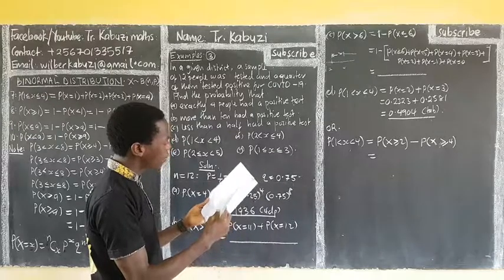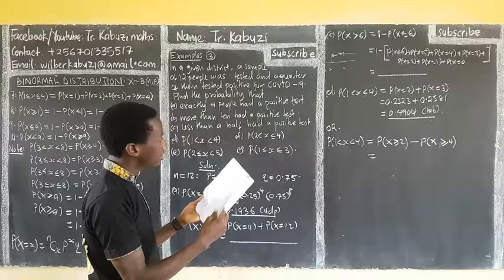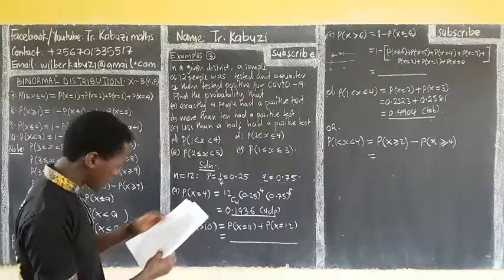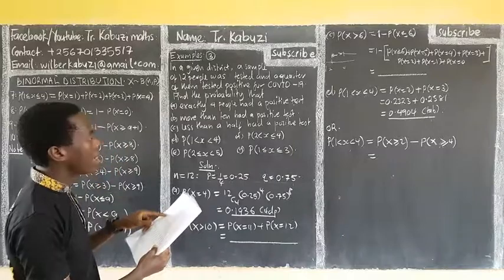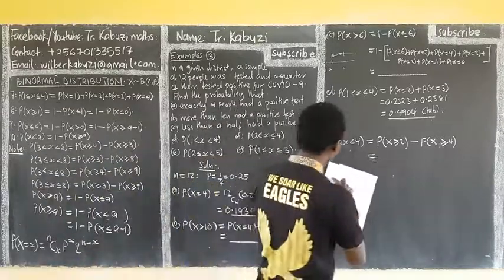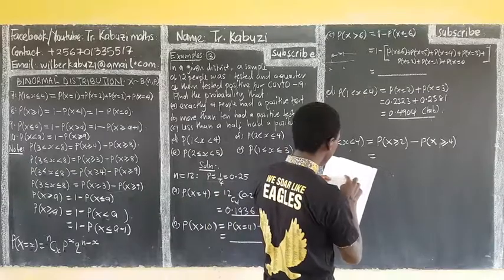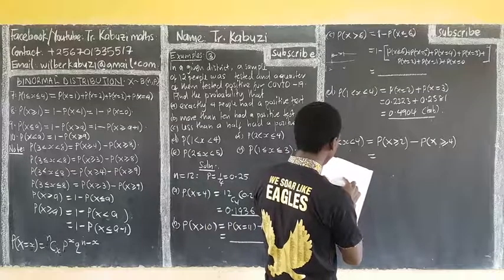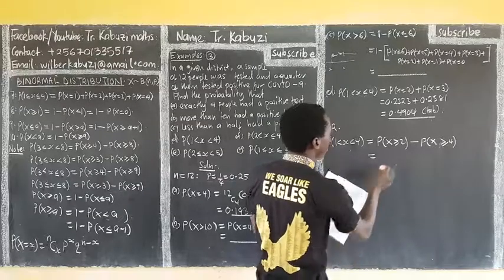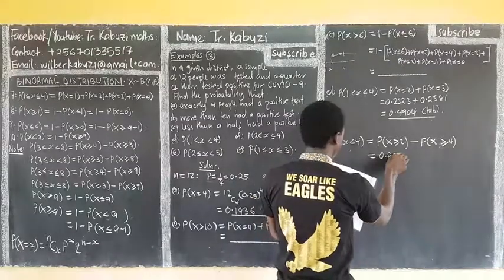So this cumulative, when x is 2, here I'm having 0.8416.